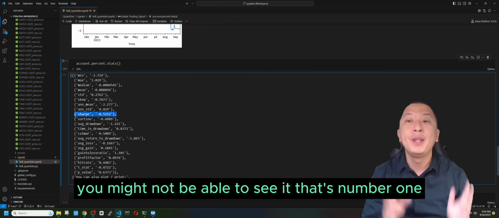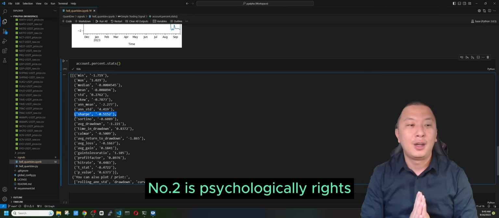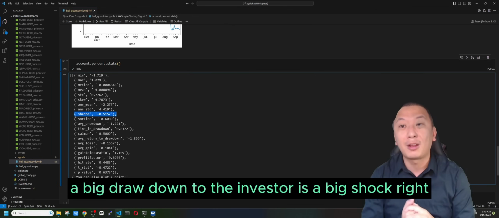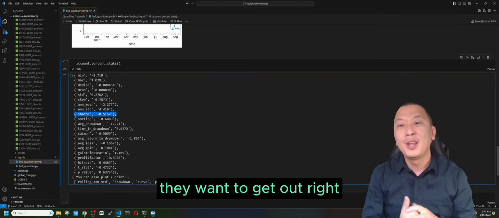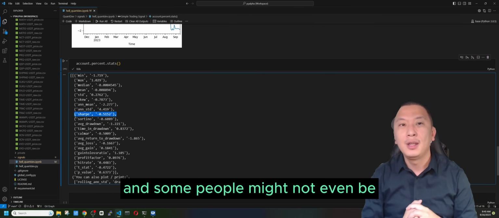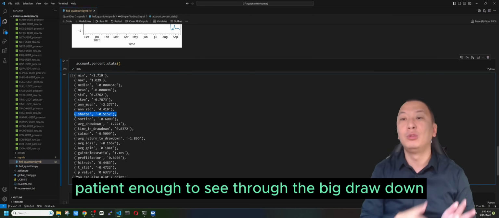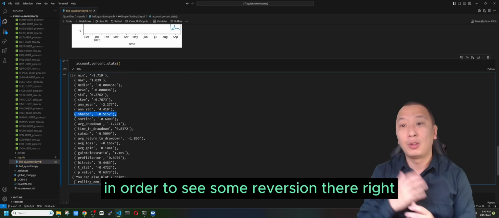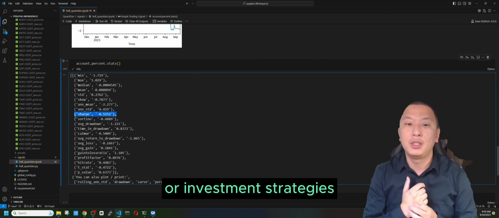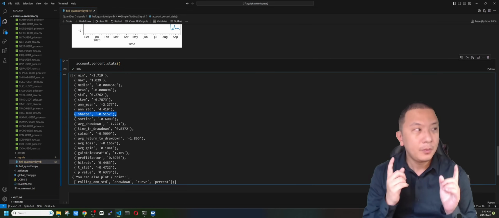That's number one. Number two is psychological: a big drawdown is a big shock to the investor, right? They can become nervous. They want to get out. And some people might not even be patient enough to sit through the big drawdown in order to see some reversion there, right?